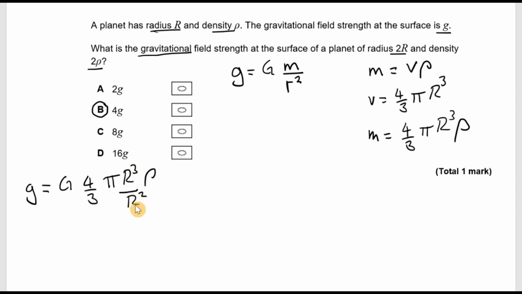Well, we can see these r's are going to cancel, so I end up that the gravitational field strength of this planet is G 4/3 pi r ρ. Okay, so now let's look at this second planet, and we've got to find the gravitational field strength for this second planet.